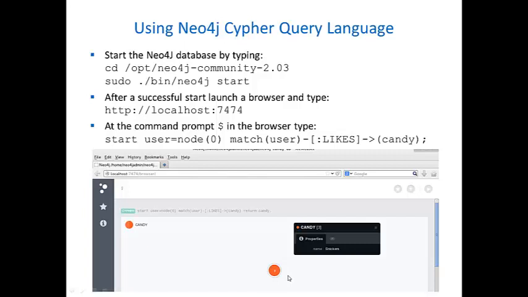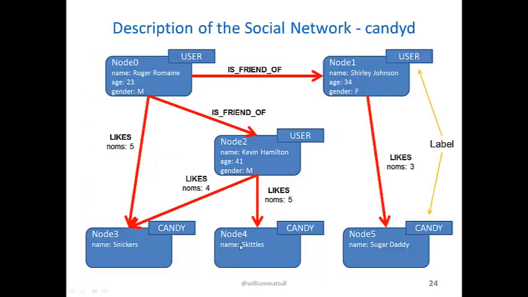And you see down here at the bottom it returned a single node with a node ID of 3, and the name property for that candy is Snickers. And we can review that in our diagram, and we can see indeed node 0, Roger here, does like Snickers.